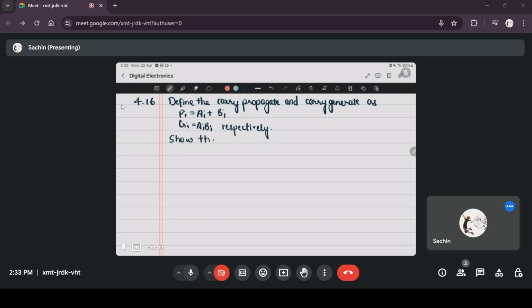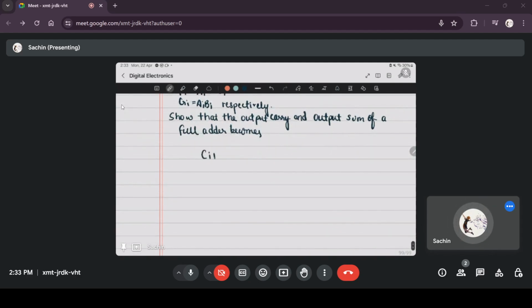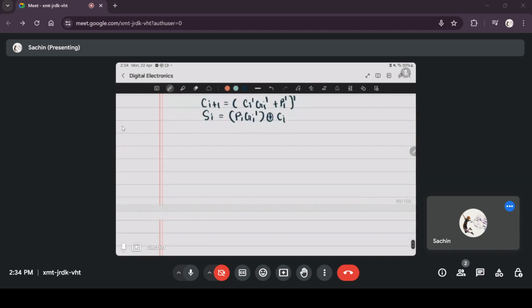Show that the output carry and output sum of a full adder becomes Ci plus 1 is (Ci complement Gi complement plus Pi complement) whole complement, and sum is Pi Gi complement XOR Ci. Here you have one stage.